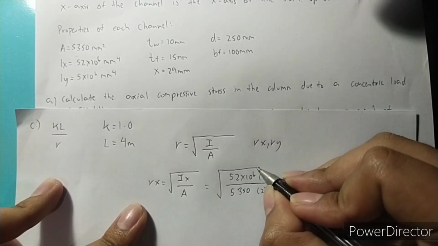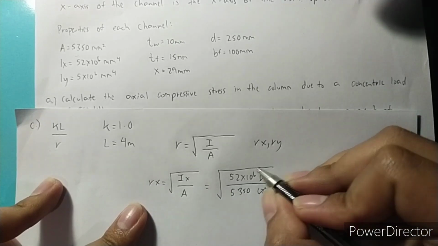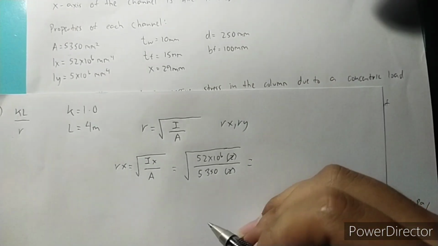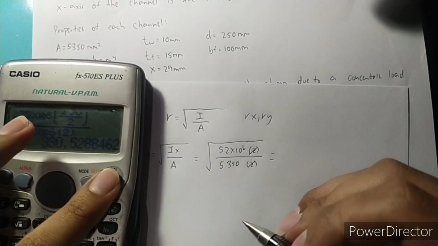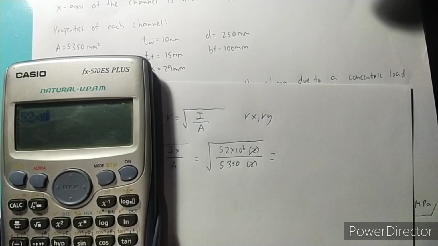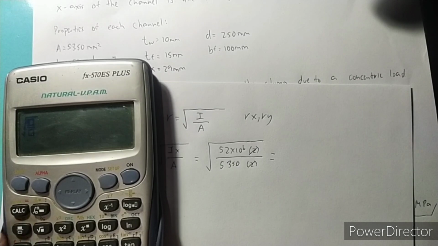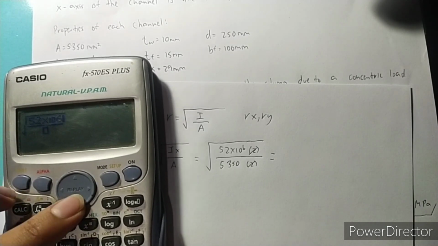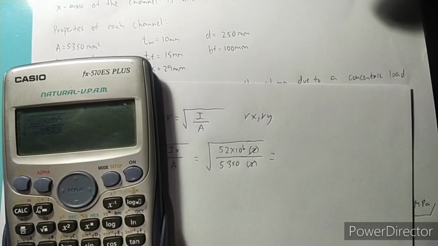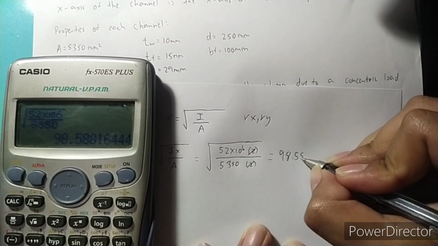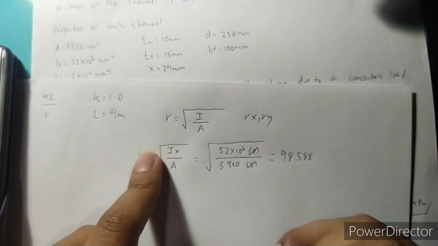Pero dito, pwede na agad natin i-cancel yan kasi parehas naman sila. Sagot natin yan is square root of 52 times 10 raised to 6 over 5,350. So, may sagot tayo dito na 98.580. So, ito si rx natin.